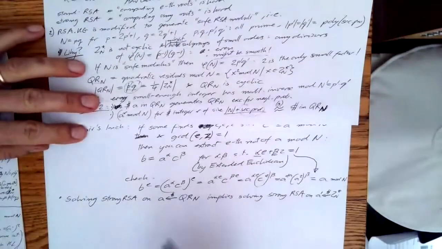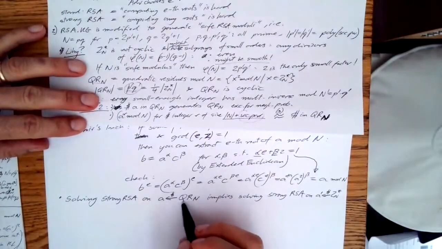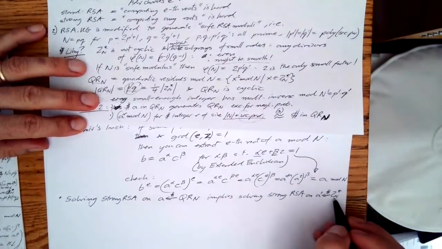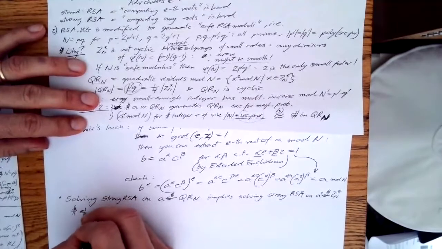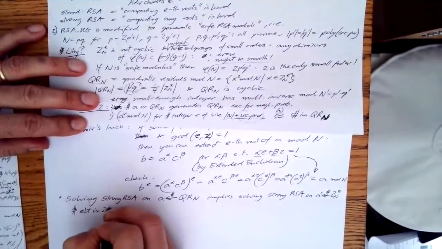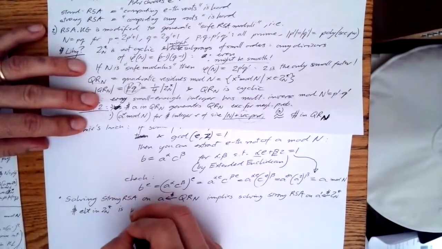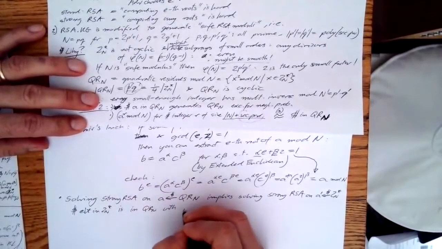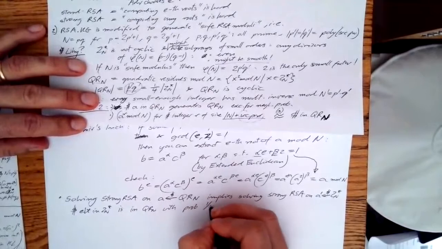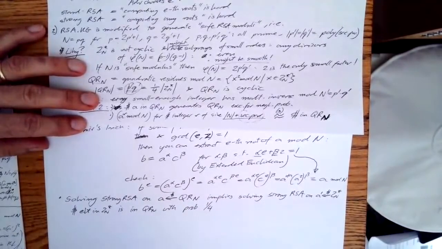If we solve it for a random quadratic residue, well, there are many ways to see it. First of all, a random element in Z_n star is in QR_n with probability 1/4.